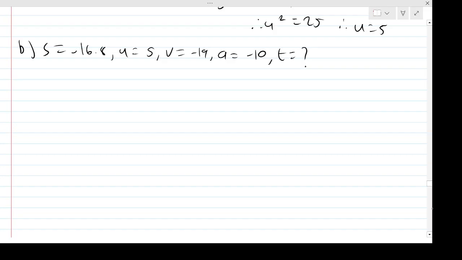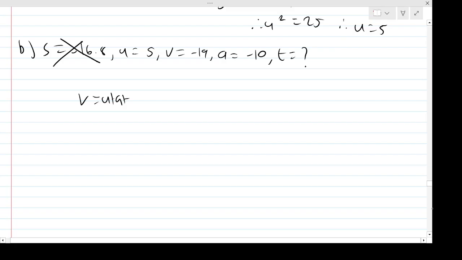Well, let's exclude s, because now we can use v is u plus at. Again, because we've got all the values here, you can just pick any equation you want at that point. I just prefer to exclude s. I guess this formula is nicer, but anyway, it absolutely does not matter what you use. I'm going to stick with this.